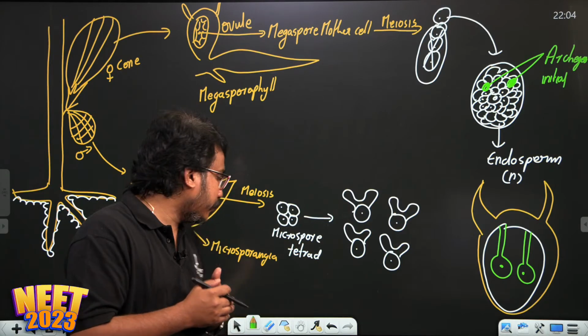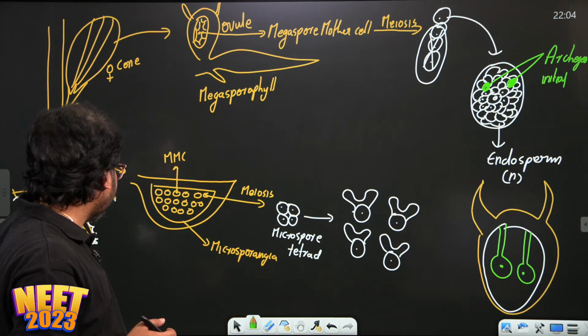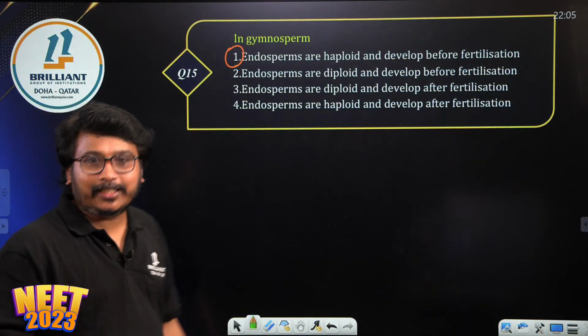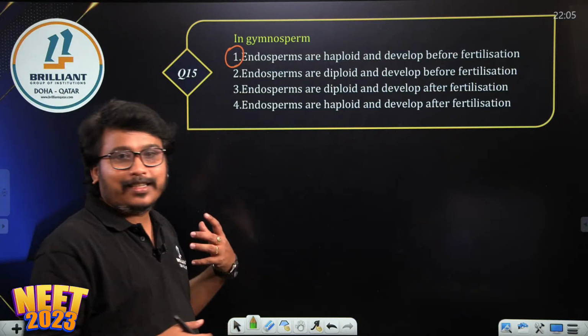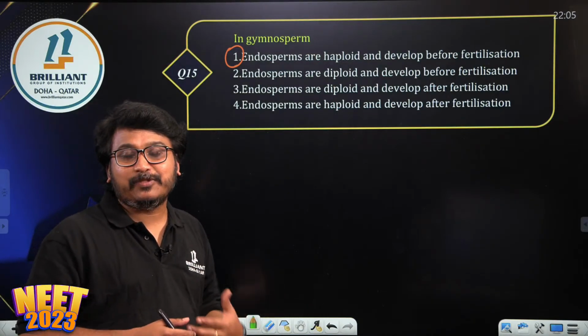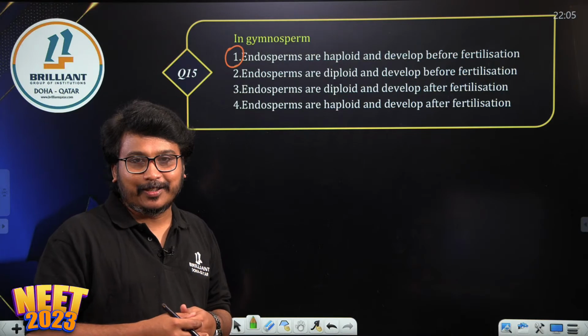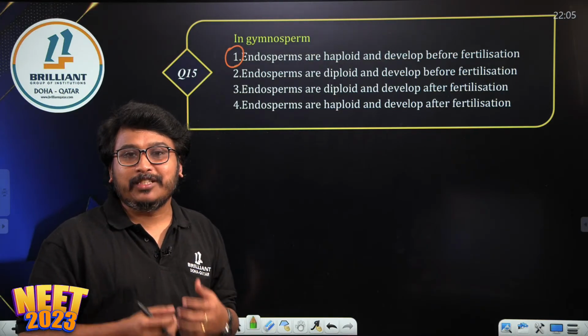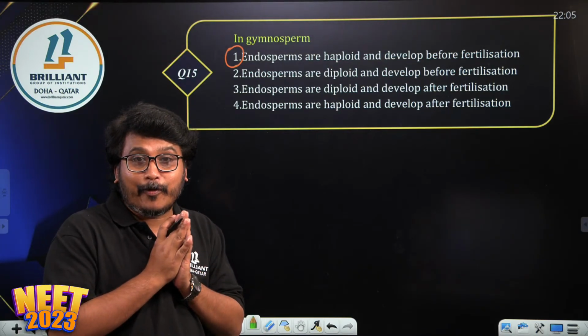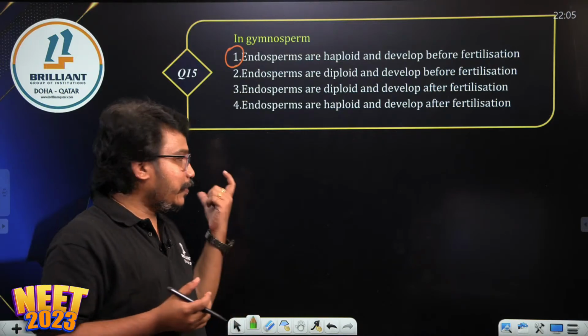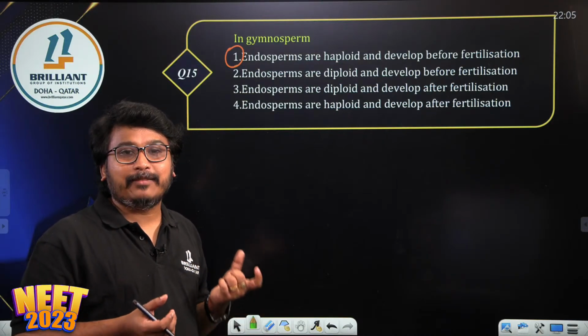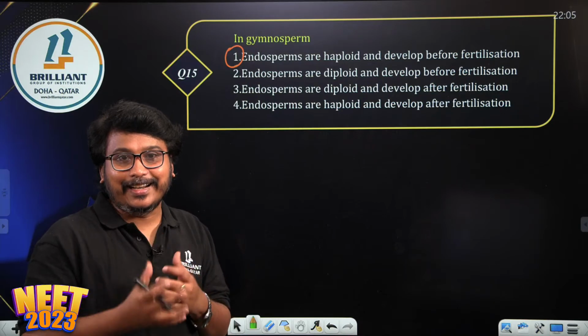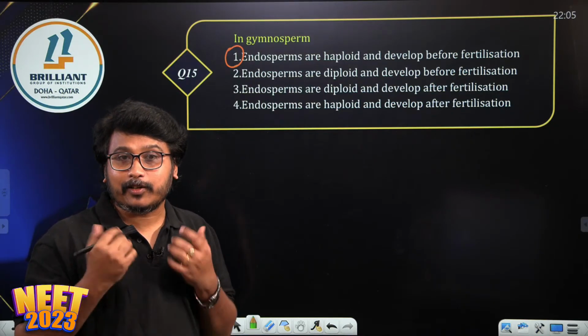So that's all about the question discussion and the shortcut methods, or easy memorizing techniques, from the plant kingdom chapter. All these diagrams are missing in NCERT, but they have given all the concepts. So it is better to learn these diagrams, understand them clearly and start solving the question bank.